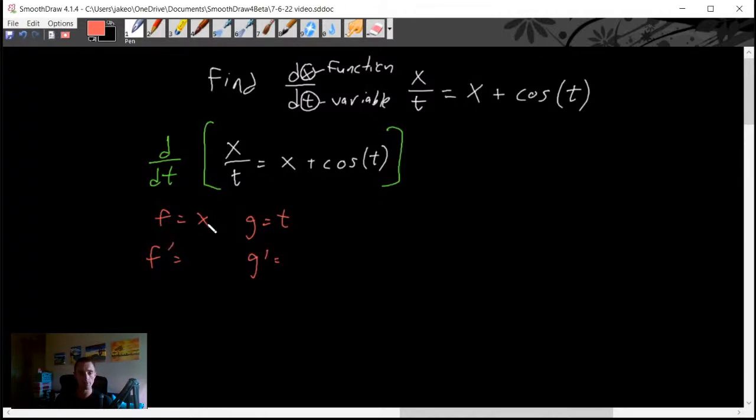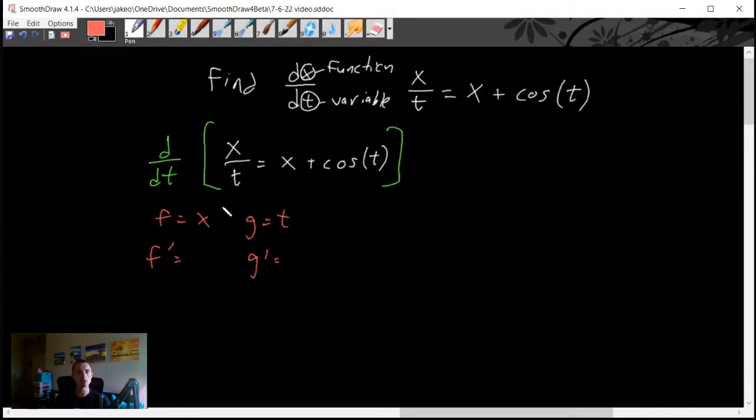The derivative of f, or the derivative of x with respect to t. So keep in mind here, t is our variable. We're taking the derivative of x, which is a function of t, with respect to t. So since x is an unknown function of t, the derivative of x is not just going to be 1. That would be the case if we were taking the derivative with respect to x. But since we're taking the derivative with respect to t, we need to treat x as a function.